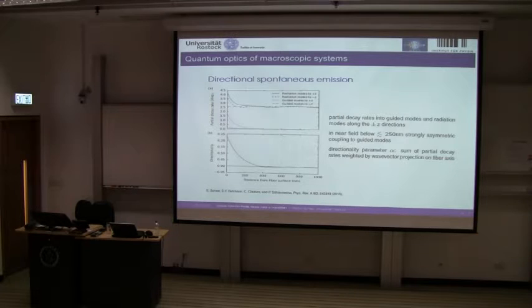You see that's already asymmetric, which we can quantify by a directionality parameter, which is the sum of partial decay rates weighted by the wave vector projection onto the fiber axis. And here, for this particular fiber, you see this directional parameter increasing as you go into the near field, and in the far field being oscillatory as you go away from the fiber. So that's already the far field regime.